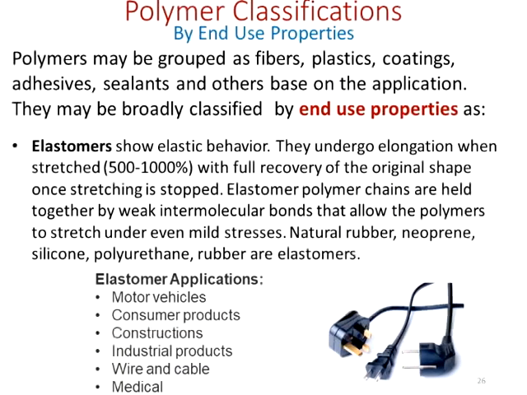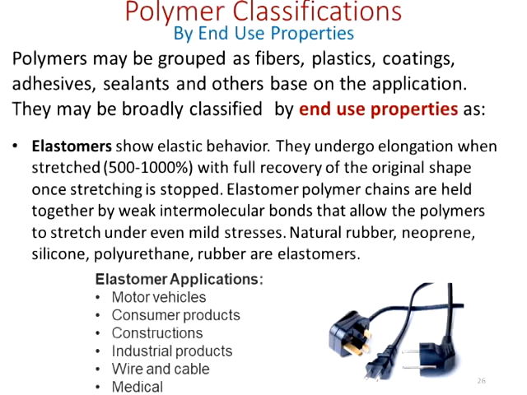Another way of categorizing polymers based upon in-use properties is as an elastomer. Again, you have the thermoplastics, you have the thermosets, that's two, and the third one is elastomers. Elastomers show elastic behavior. They undergo elongation, usually stretched as many as 500,000 times the original shape, and it bounces back. It's like pulling a balloon. It's elastic. Pulling a rubber band.